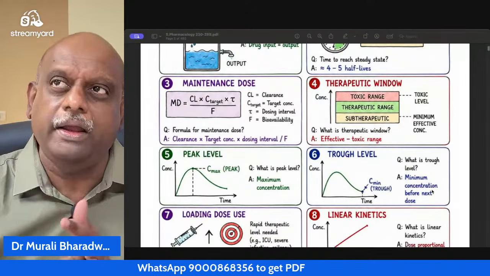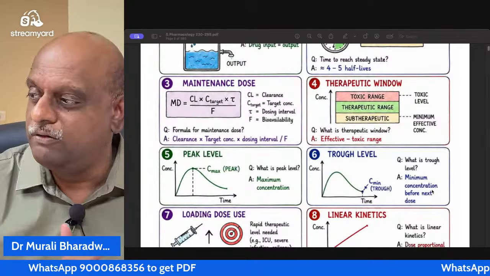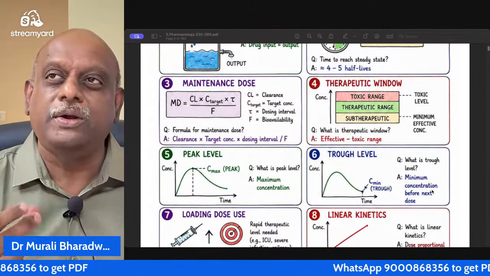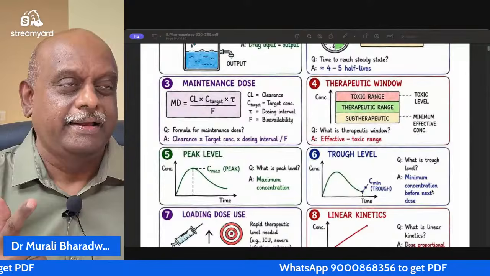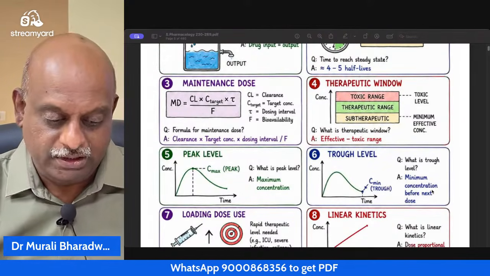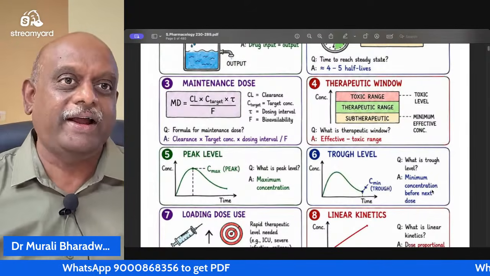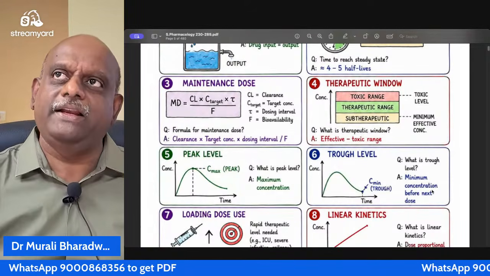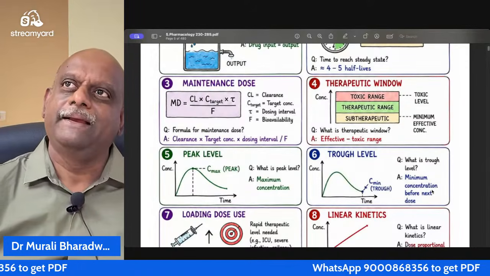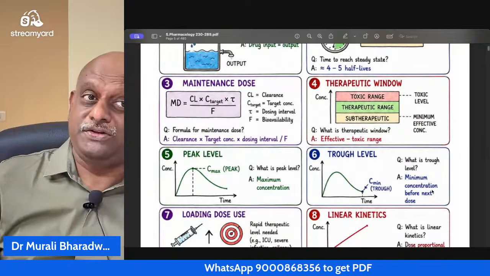Now we are in boot camp, rapid revision of pharmacology. What is the secret to revise the entire pharmacology in 4 hours? I'll show you an example. In first year, anatomy looks like Mount Everest.